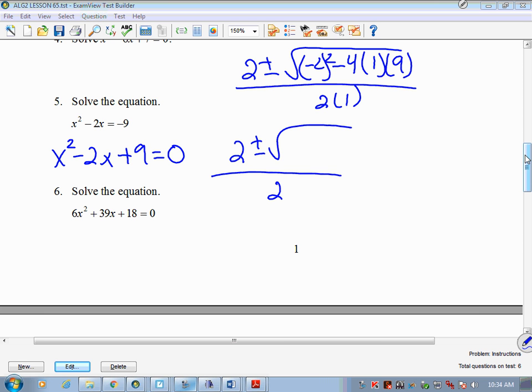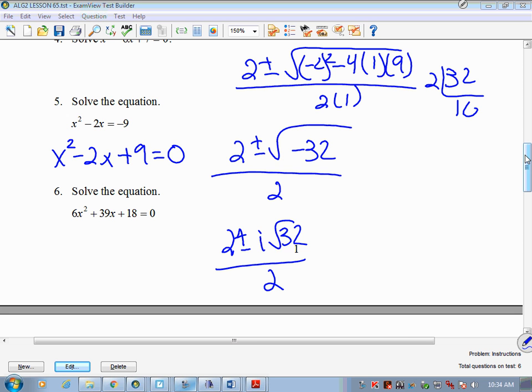Negative 2 squared is 4, so we're getting 4 minus 36. All right, what's 4 minus 36? Negative 32, right? Negative 32. So we can take out an i, and we get 2 plus or minus i radical 32 over 2. Let's simplify 32.